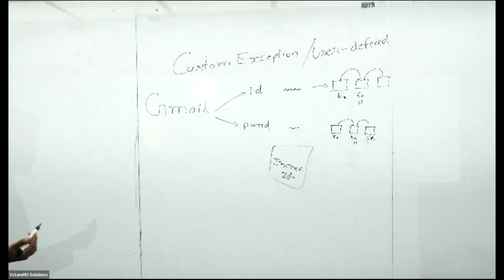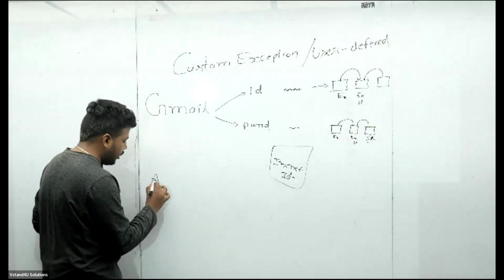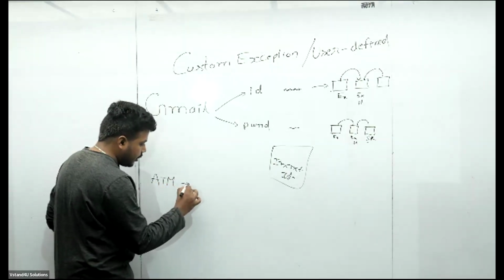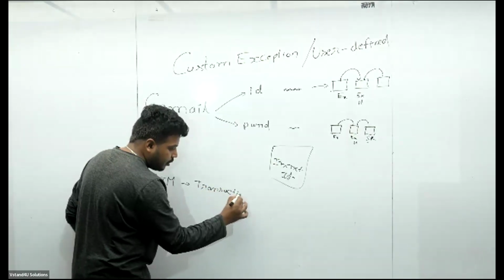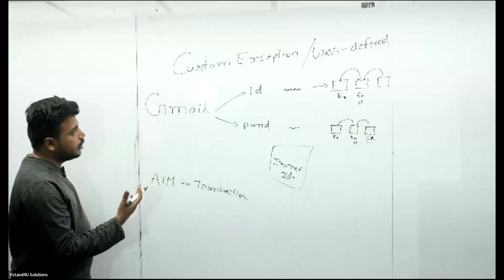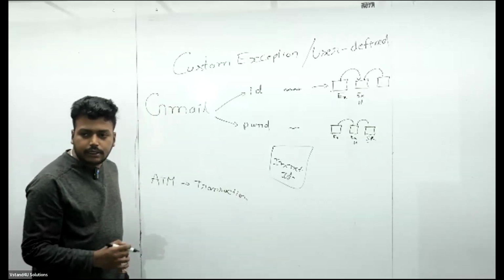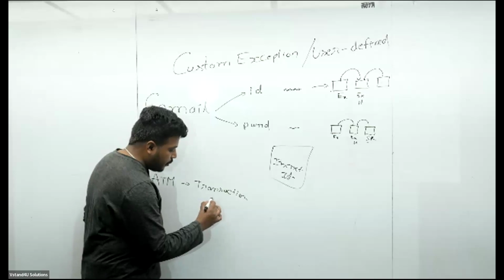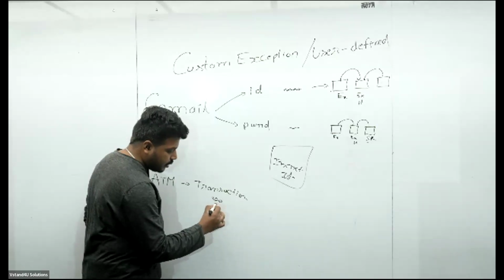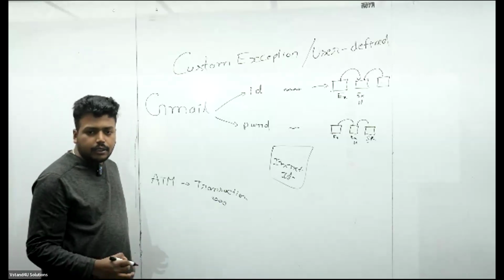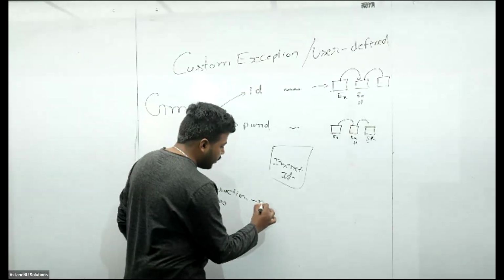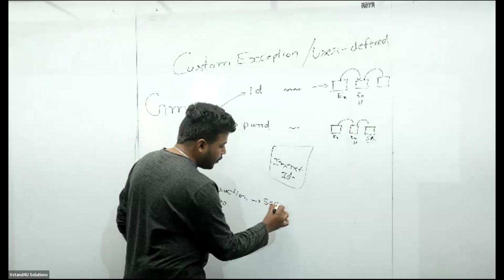I can take another example also. In an ATM, a transaction will be happening. In an ATM machine also, this custom exception occurs in the transaction. You have 2000 rupees balance, but you try to debit 5000 rupees.